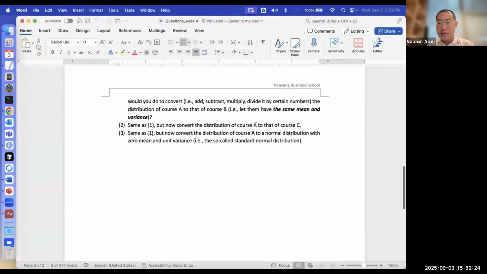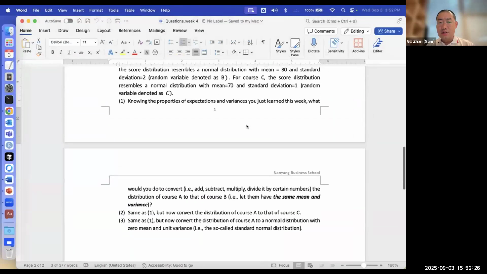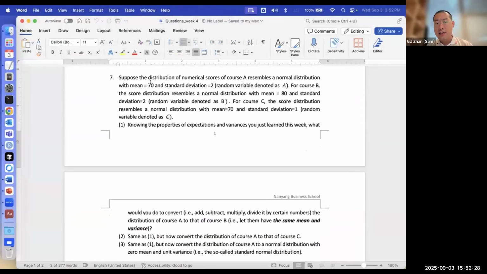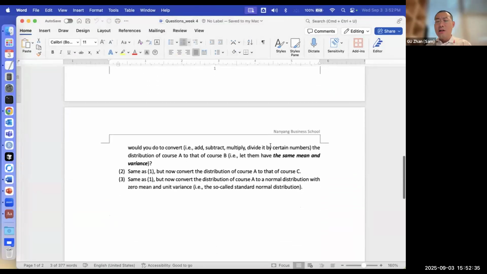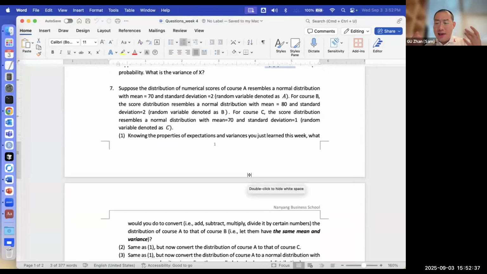Then the second is converting class A to C. Class A and class C have some differences. Class A is mean 70, standard deviation 2. Class C is mean 70, standard deviation 1. So in class A, there's more variation in students' performance and scores.